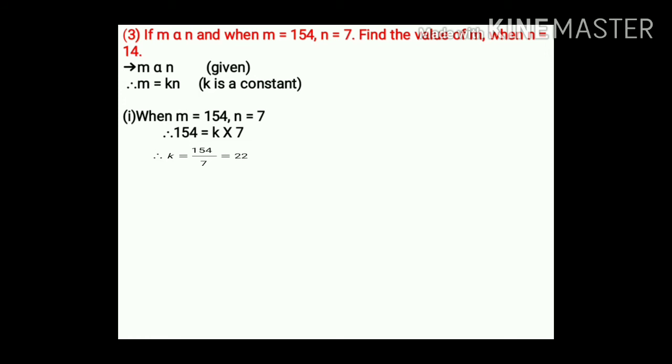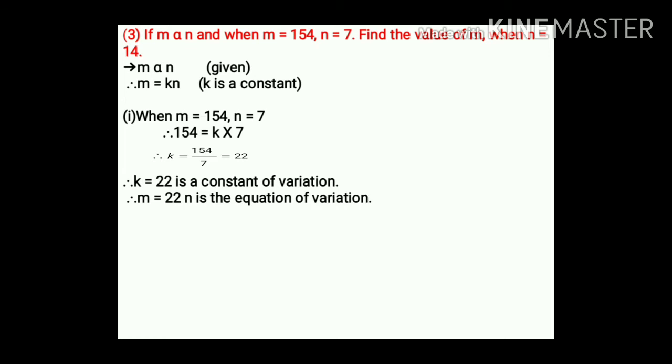Here children, we have to do the cancellation, we get 22. Therefore, K equal to 22 is a constant of variation. Therefore, M equal to 22N is the equation of variation.